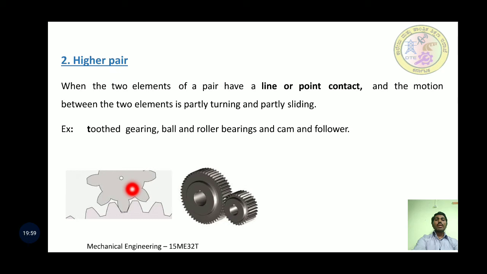One gear drives the other gear. One is a driver gear and the other one is a driven gear. So what is a gear? Number of teeth cut on the periphery of the wheel, then it is called a gear.